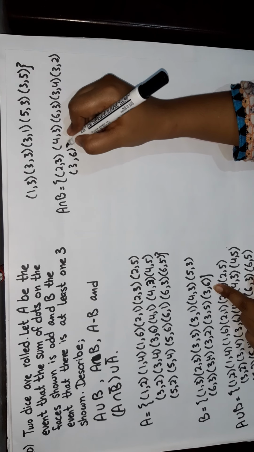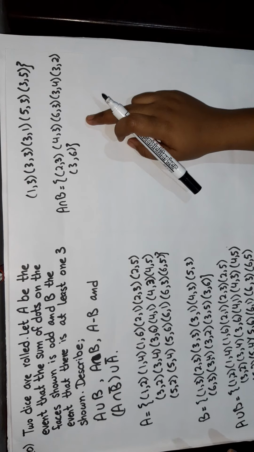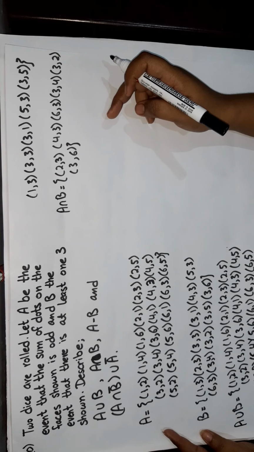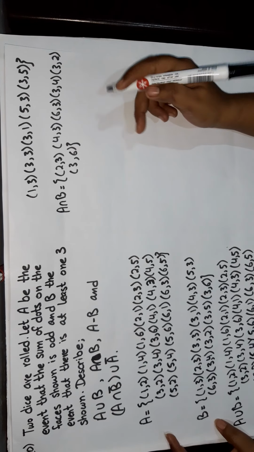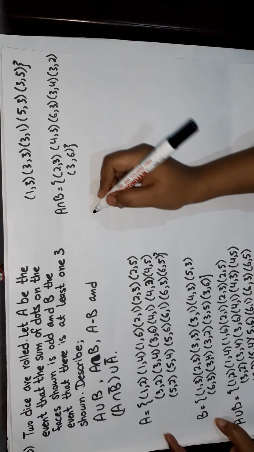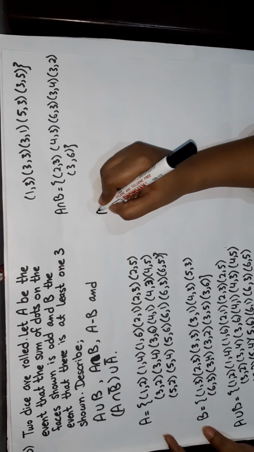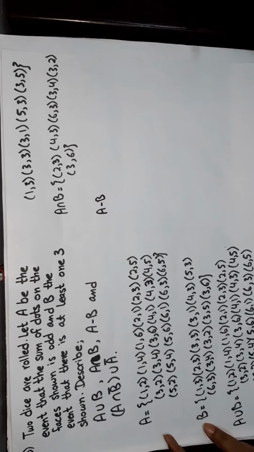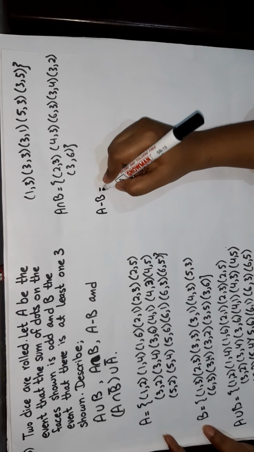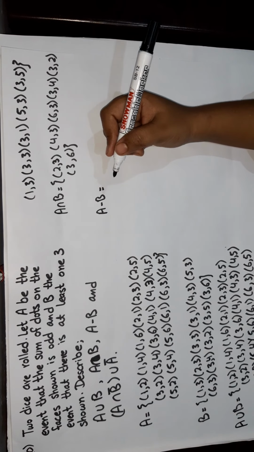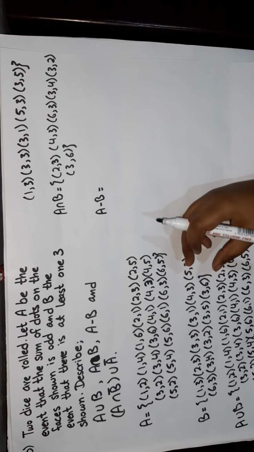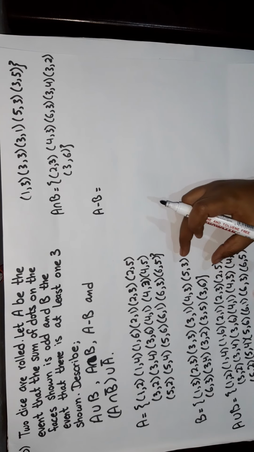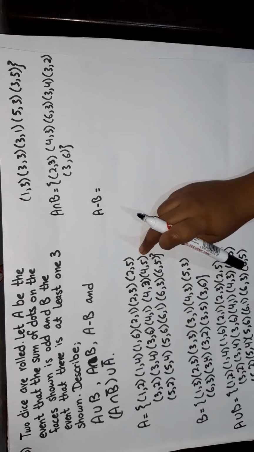So these are all the elements which are present in both the events A and B. So this is A intersection B. Now A minus B. A minus B means that we have to subtract all the elements which are present in B from A.